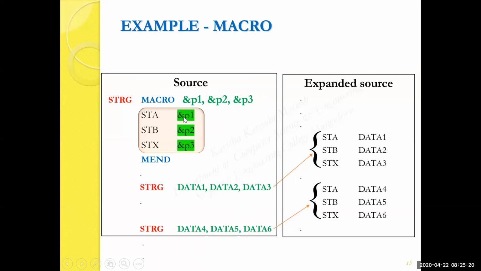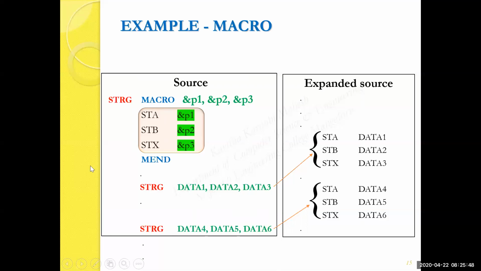This ampersand identifies that the symbol that follows is a macro parameter and not a normal label or a normal symbolic operand. It also facilitates the substitution of arguments to enable generation of instructions with different operands.